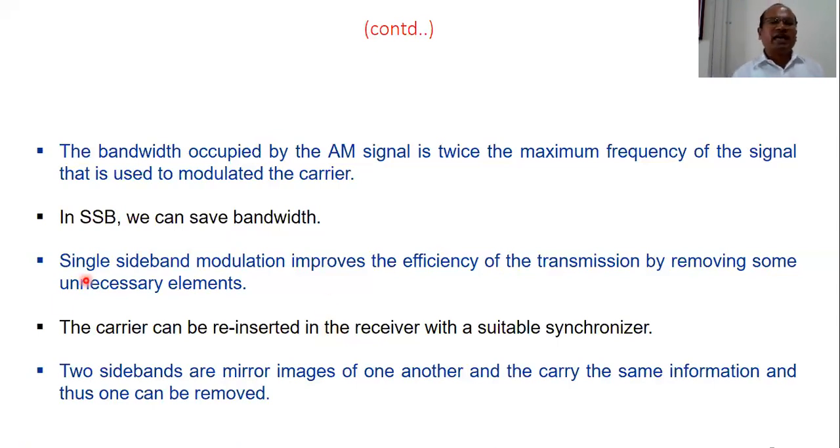Therefore, the carrier can be reinserted in the receiver means the same carrier needs to be generated at the receiver. So that mechanism has to be made, that design has to be changed, that extra arrangement has to be provided so that the precise value of carrier frequency can be generated and applied to the modulated signal which is received, so that we recover the message signal, that is baseband.